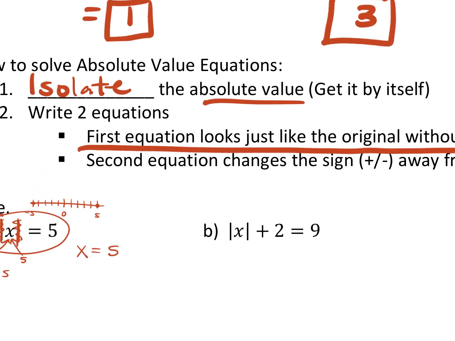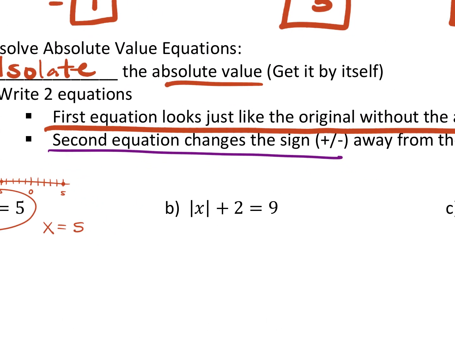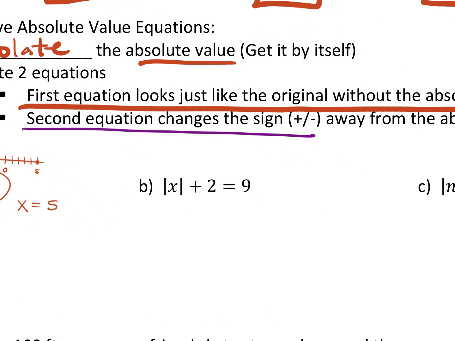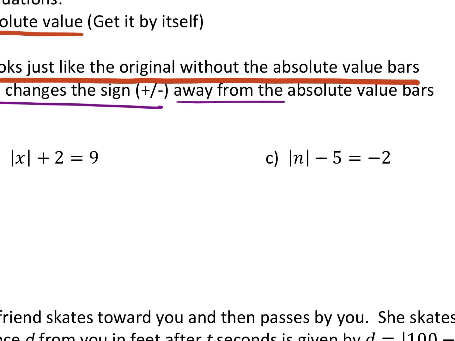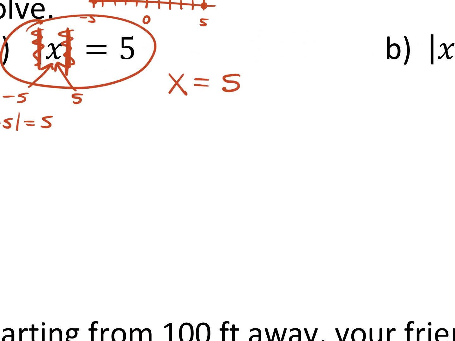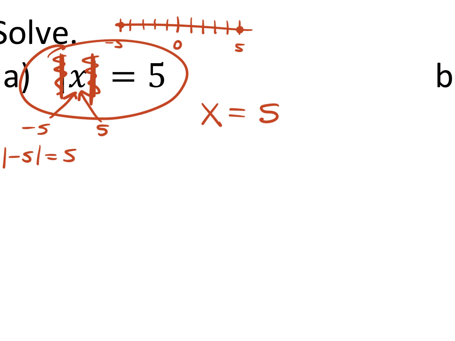My second equation changes the sign away from the absolute value bars. So right now it's x equals 5. My second equation is x equals negative 5. Okay, so I change the sign from positive to negative, and then I solve them.